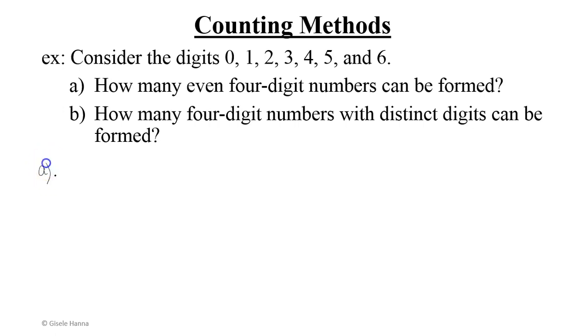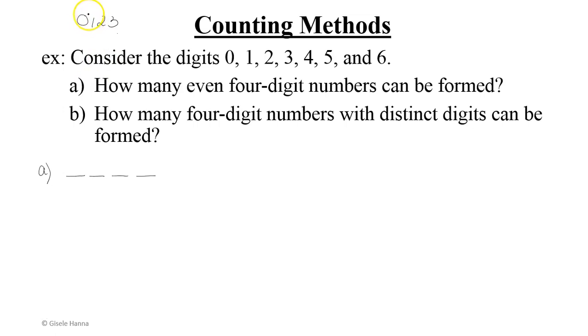So in part A, we need 4-digit numbers. If we look at this for a second, among the objects I'm choosing, I have the digit 0. If I were to choose the digit 0 for the first digit, for example, the number 0, 1, 2, 3, this is not a 4-digit number, this is a 3-digit number.